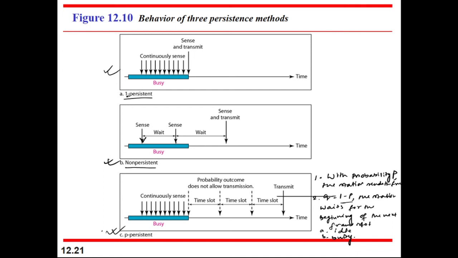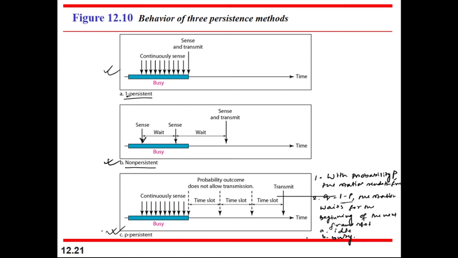That means when the channel is idle, the probability of sending the data is p, and the probability of waiting is 1 minus p. And each and every time it is sensing the channel. If it is idle, it can send with probability p, and if it is busy, then it can wait with probability 1 minus p.